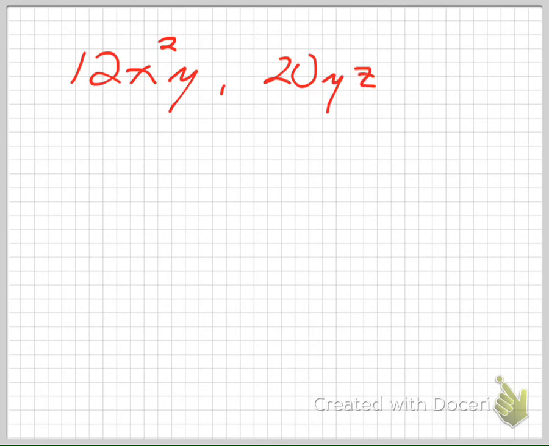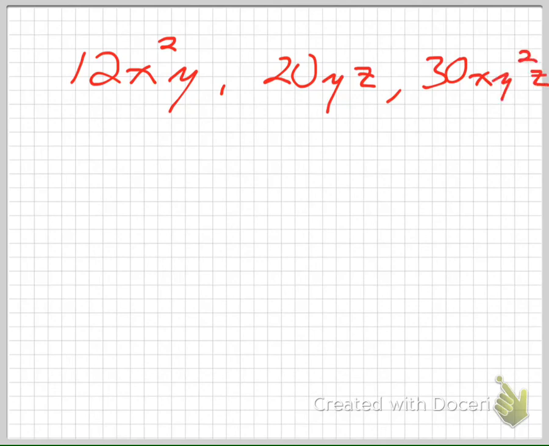Let's give you one that's way harder than normal. I want the least common multiple of 12x squared y, 20yz, and 30xy squared z.